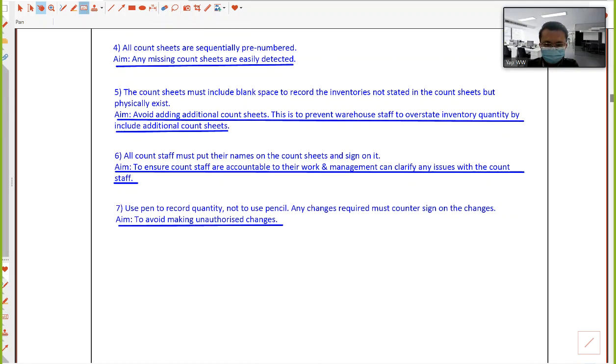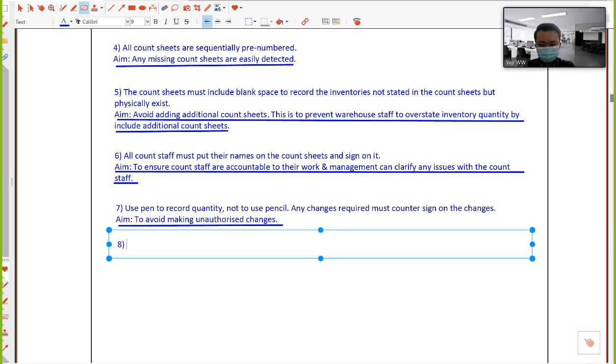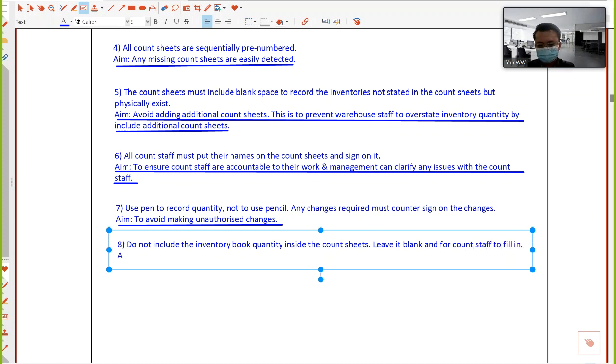Number 8. Do not include the inventory book quantity inside the count sheet. Leave it blank for account staff to fill in. What is the objective? Okay.